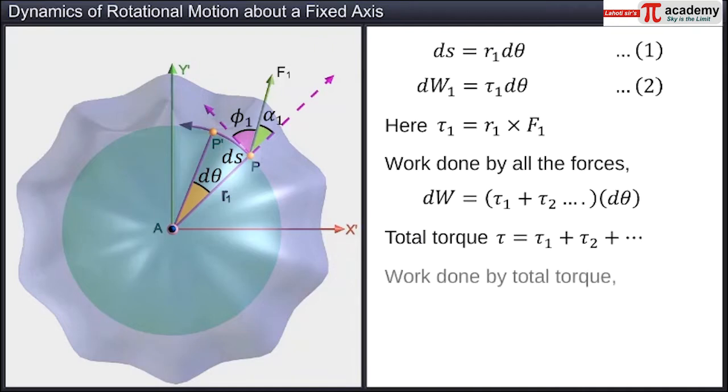Therefore, the work done by the total torque acting on a body rotating about a fixed axis is dW is equal to tau d theta. Let this be equation 3.